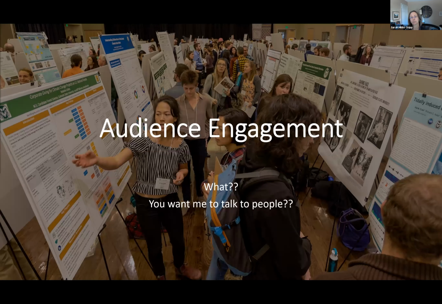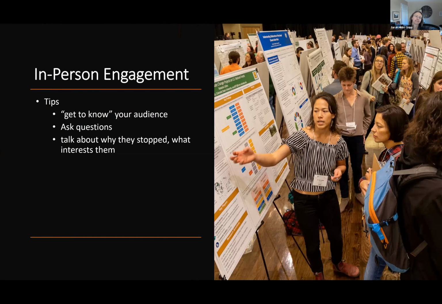So audience engagement is really different in a digital environment. You actually don't even have to talk to people, but you should respond to their messages. In person, it's much easier to get to know people, to ask questions, to talk to them about why they stopped, what interests them.